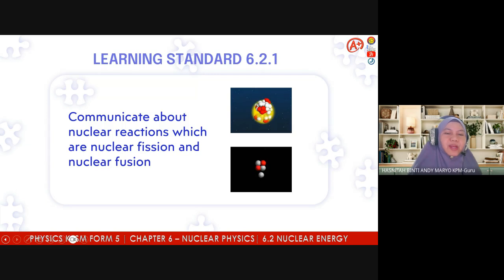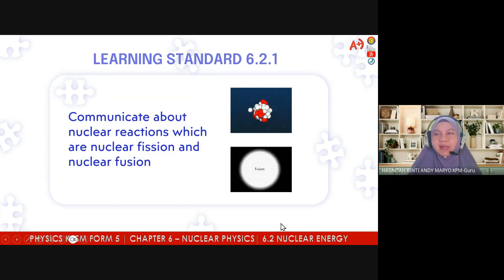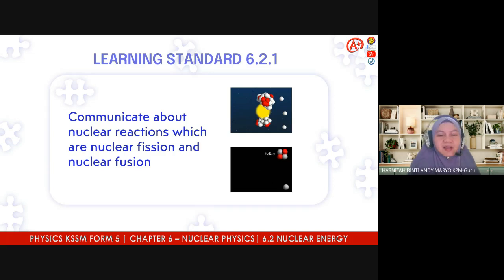Uranium is bombarded with a neutron, so it produces two new elements, barium and krypton, releases three neutrons and X. Can you guess what is X? Yes, X is energy. What kind of energy? This is nuclear energy. For number one, we will learn it just in a while.